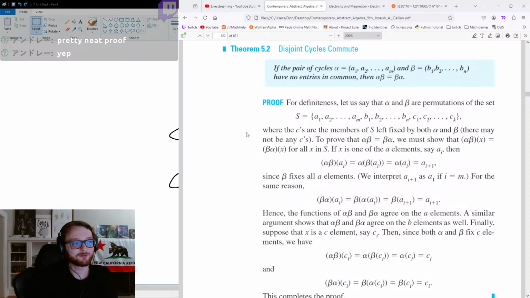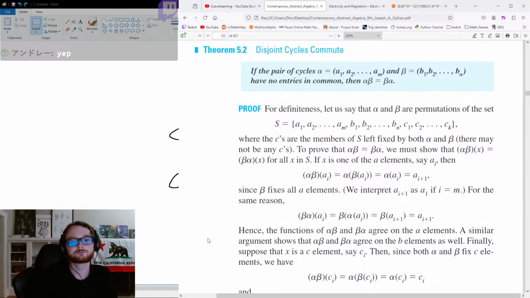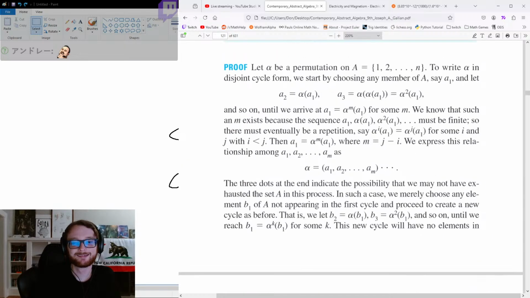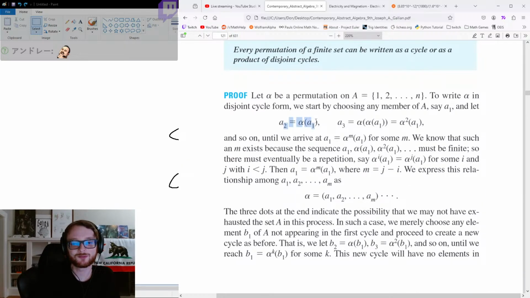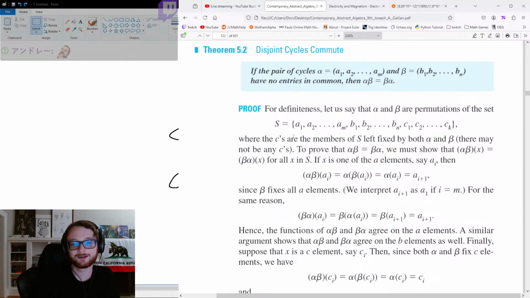Maybe I just don't have an appreciation for it yet. I don't see what was that hard about that proof. I'm not saying I would have come up with it myself, but we can just keep taking alpha of whatever the last thing was, and then choose a B that wasn't in that cycle and apply alpha to that. I don't know.